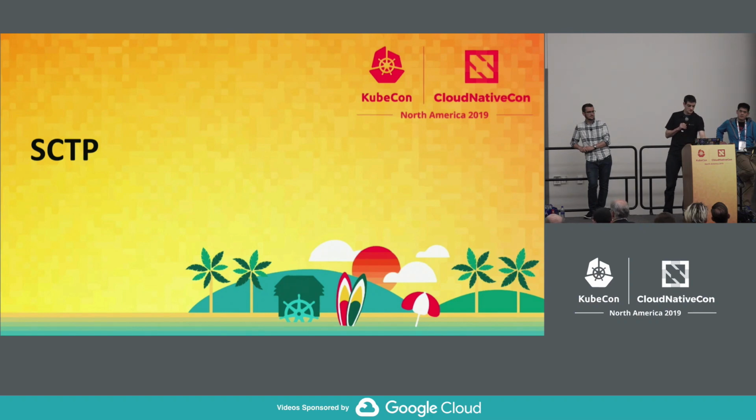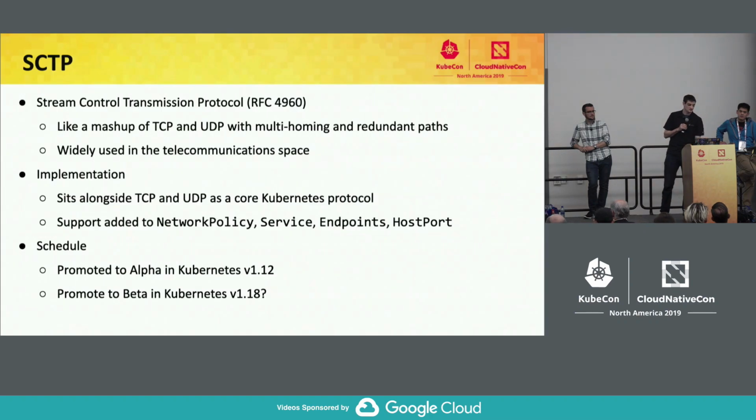And last, I think we have SCTP, which is Stream Control Transmission Protocol. It's actually of more interest to telephony applications and telcos, because that protocol is very heavily used in some of those industries. If you're not familiar with SCTP, it is basically a mashup of TCP and UDP with some additional features for reliability and redundancy.